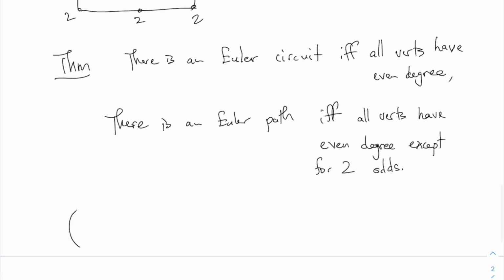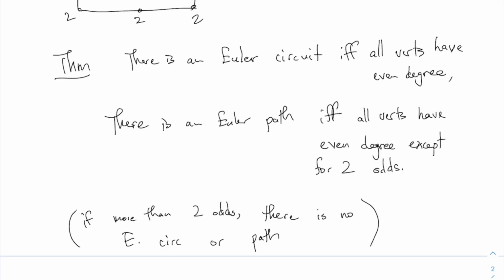So I will just say parenthetically, if more than 2 odds, then there is no Euler circuit or path. If there's more than 2 odd vertices in your graph, then there is no Euler circuit or path. All right? This is sort of the full version of Euler's theorem about Euler circuits and Euler paths.